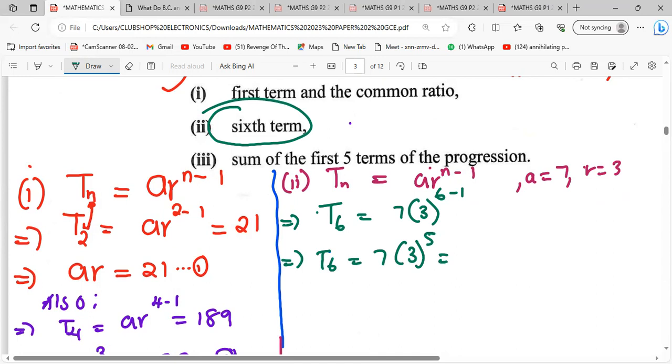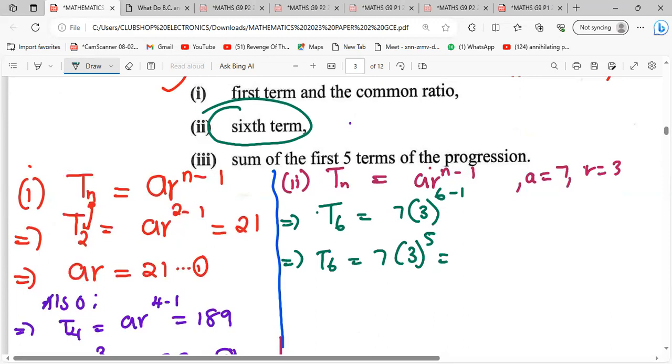So you can find that. You can use your calculator because paper 2 is allowed. So we get 7 times 3 to the power 5.